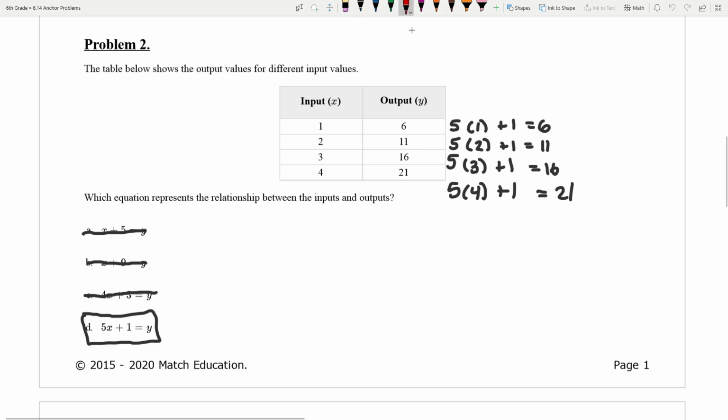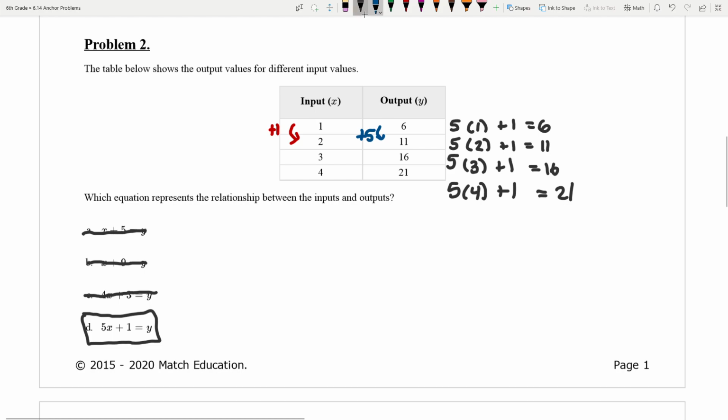Now, if you had to come up with the rule, one way to do so is to take a look at what is going on as my inputs increased by 1. What is taking place with my outputs? Well, my outputs went up by 5.